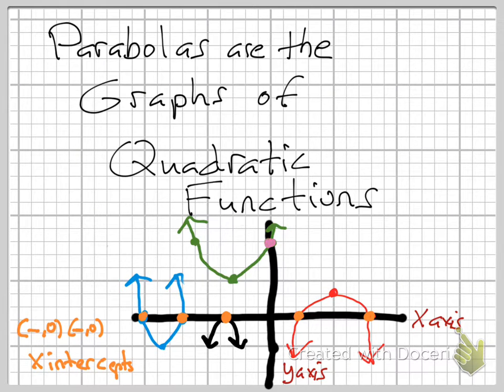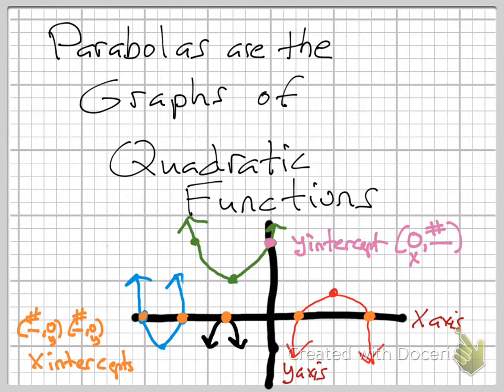Right now, only this green one has the Y-intercept. Now, remember, a Y-intercept has an X that's 0 and has some kind of number for the Y.